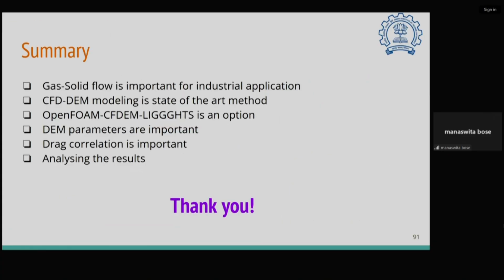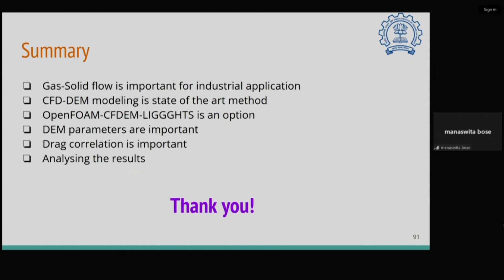Gas solid flow is important for industrial application. We could show only a couple of examples, but there are many others. CFD-DEM modeling is a state-of-the-art method, and with new computational facilities and this coarse graining, one can really simulate large systems.